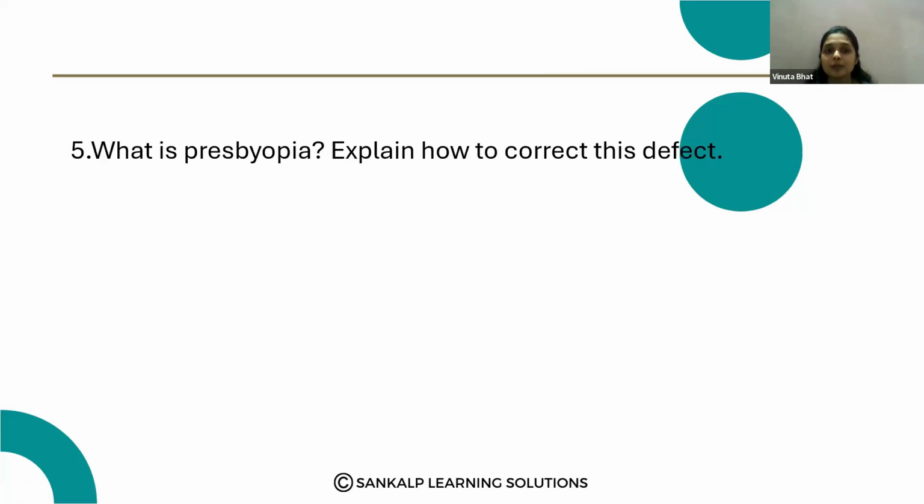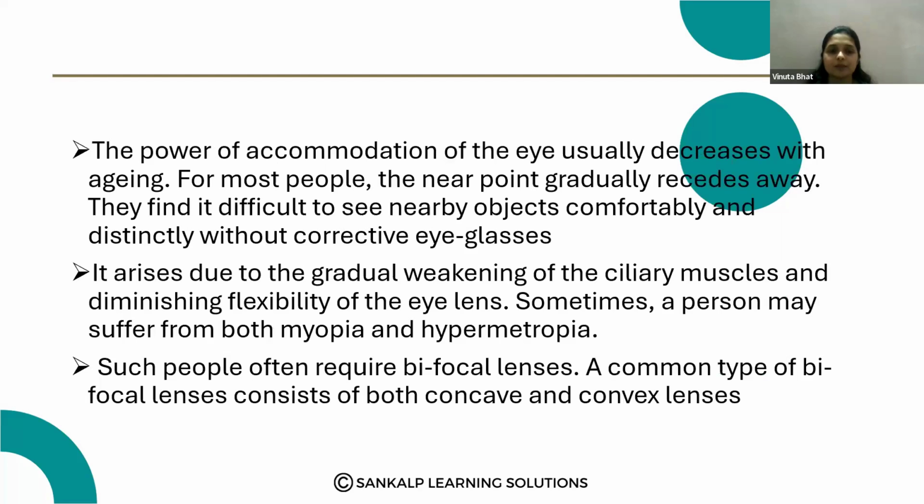Next question. What is presbyopia? Explain how to correct this defect. Here, the power of accommodation of the eye usually decreases with aging.